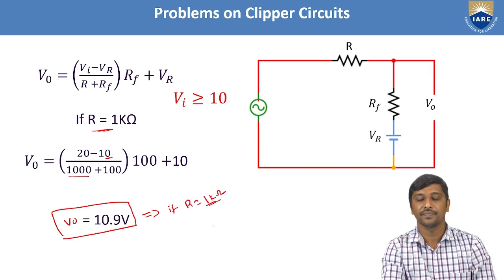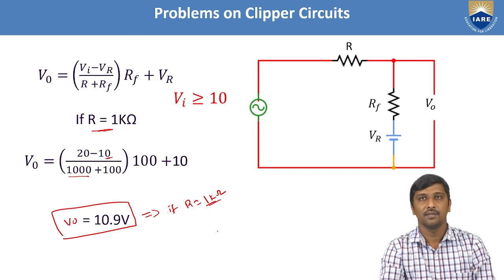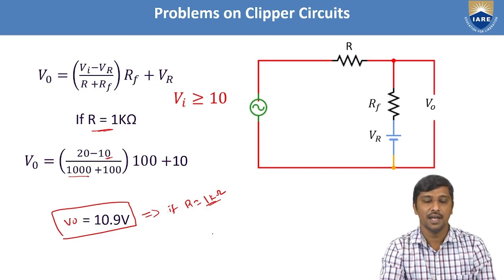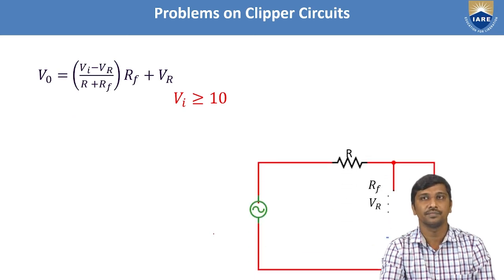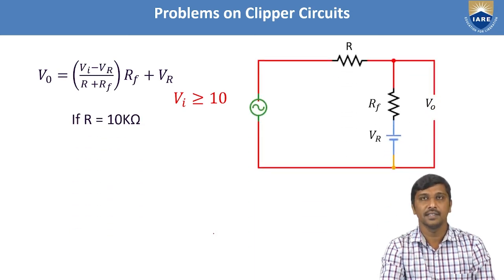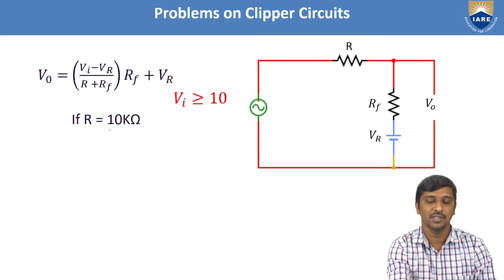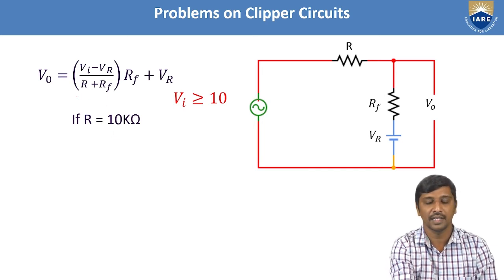Now similarly, we need to analyze what happens if R is 10 kilo ohms. In the third case, I assume R is 10 kilo ohms, and we need to identify the output voltage. Again, substitute all the values in this output relation.